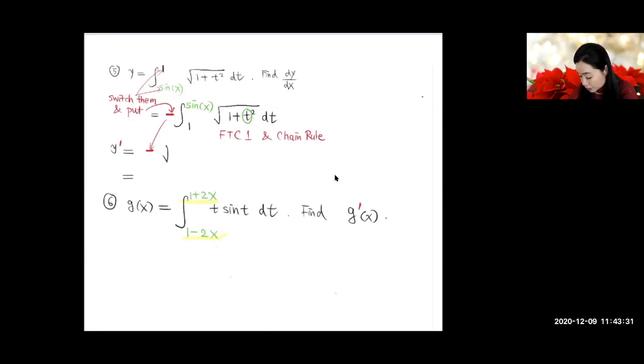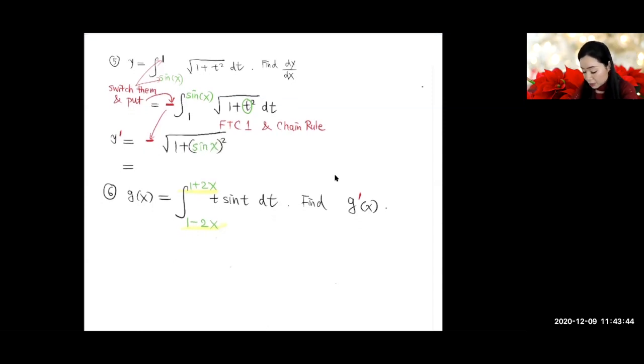So square root of 1 plus the square of sine x, okay? Replace t by sine x. So by the chain rule, we have times the derivative of sine x.